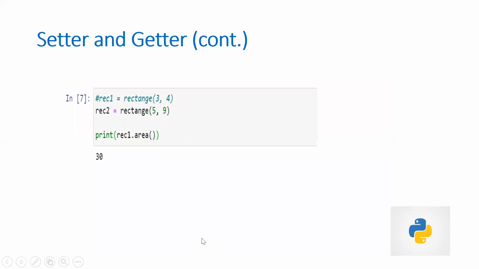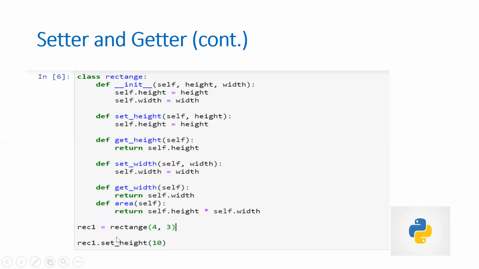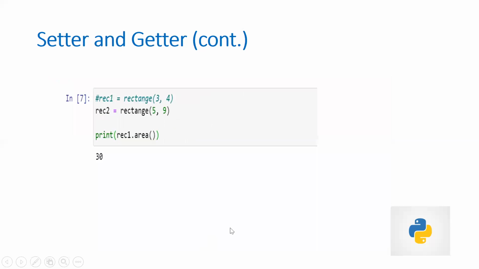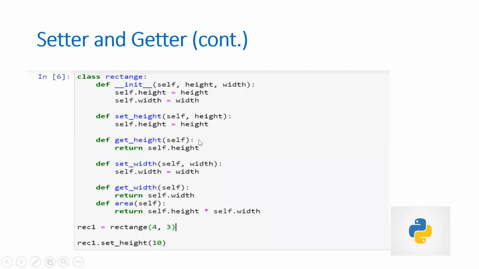So what will be produced? The new area will be 10 into 3, where 3 is the width and 10 is the new height. So it will produce 30. The new area will be 30. That means our code is working.